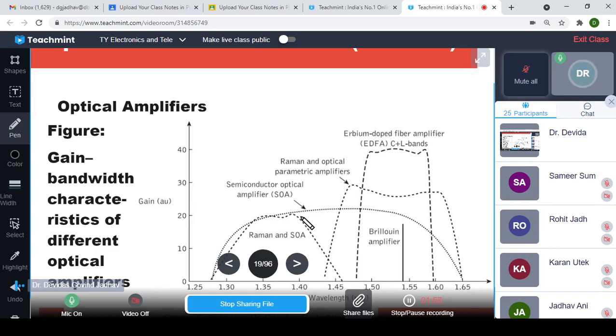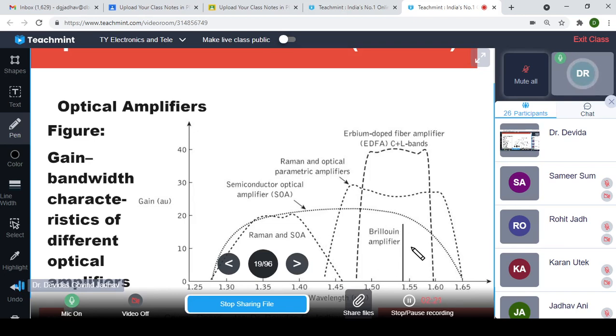Raman, semiconductor optical amplifier, you can check the Brillouin amplifier, you can check the erbium doped fiber amplifier, which is having the highest gain bandwidth characteristic. And the Raman optical amplifier and parametric amplifier also have quite large bandwidth.